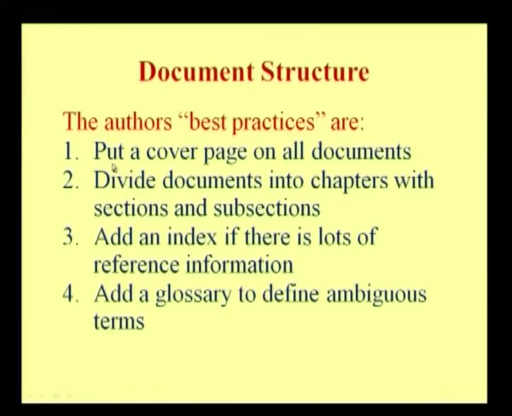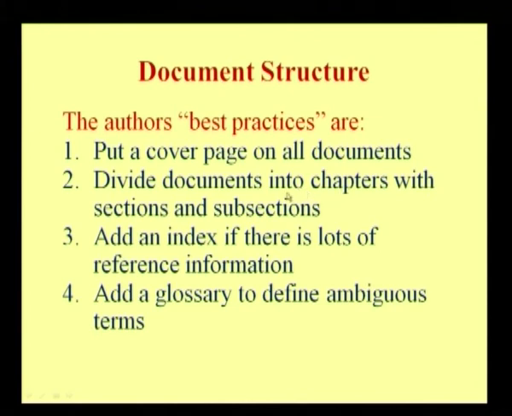Some of the best practices for this IEEE documentation include: put a cover page on all the documents. Say, we maintain the table of contents, and before that, what is this about? If this documentation is only about requirement specification, then the title of the project and its requirement specification need to be detailed.